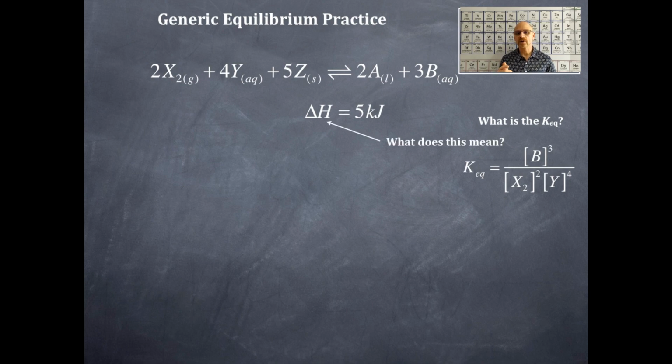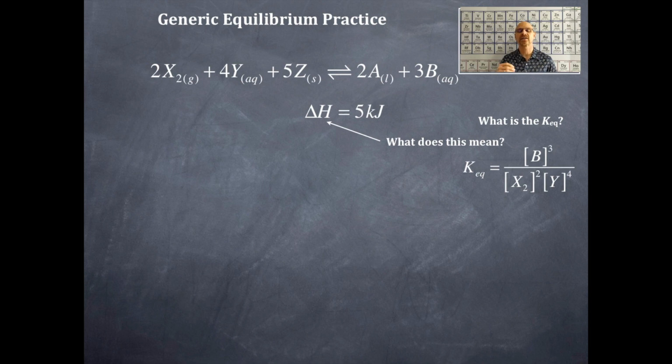All right, so what does this mean? I actually alluded to what the delta H means already before, and that is the change in enthalpy. The enthalpy is a heat term for the reaction. But knowing that this value is positive lets us know which side of the reaction it goes on and the type of reaction. So which side of the reaction will it go on knowing that the value is positive? It doesn't matter if it's 5 kilojoules, 0.5 kilojoules, or 500 kilojoules. The numeric value itself doesn't matter at this point in time.